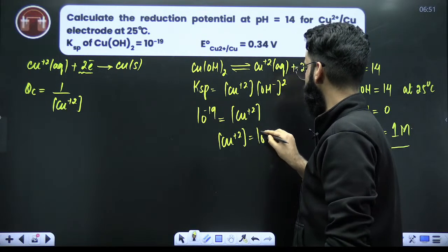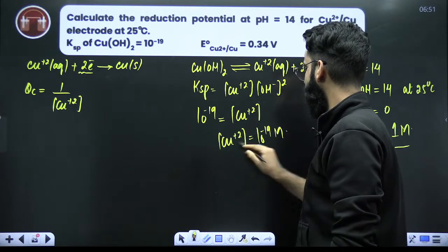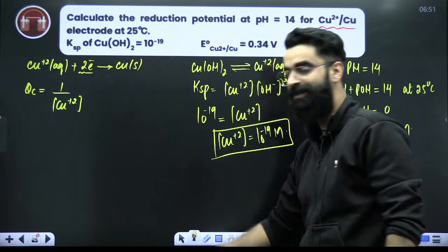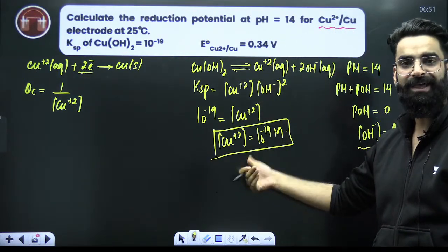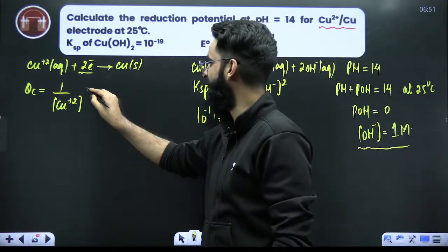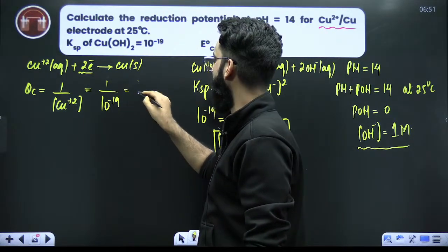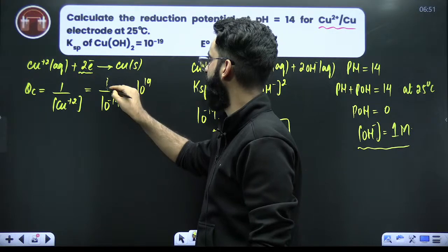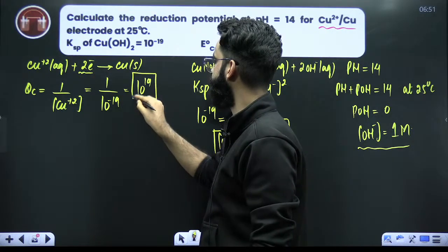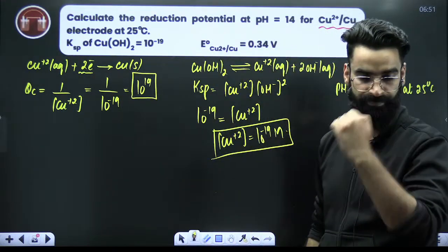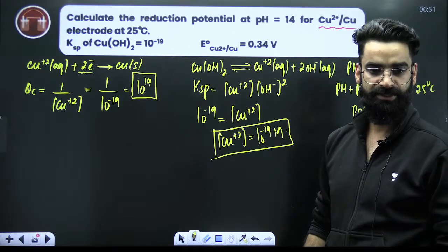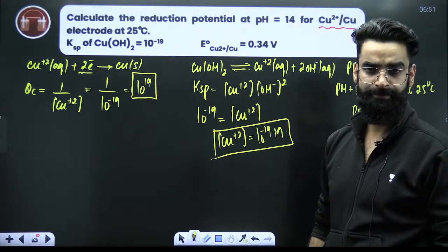So finally, I got the concentration of Cu2+ as 10 raised to the power minus 19 molar. Perfect. Why did we calculate the Cu2+ concentration? To get the Qc. So it's 1 divided by 10 raised to the power minus 19, so the value has to be 10 raised to the power 19. This is your Qc. Clear?